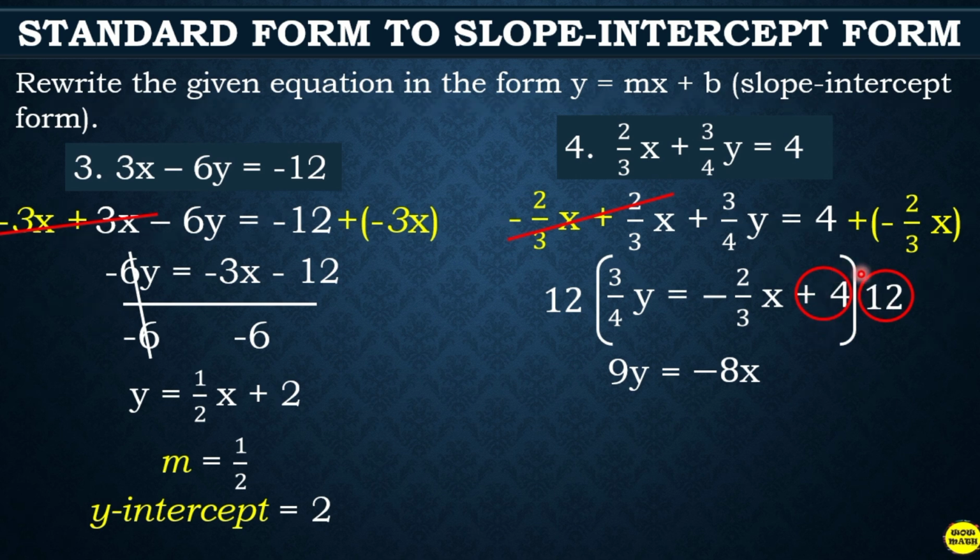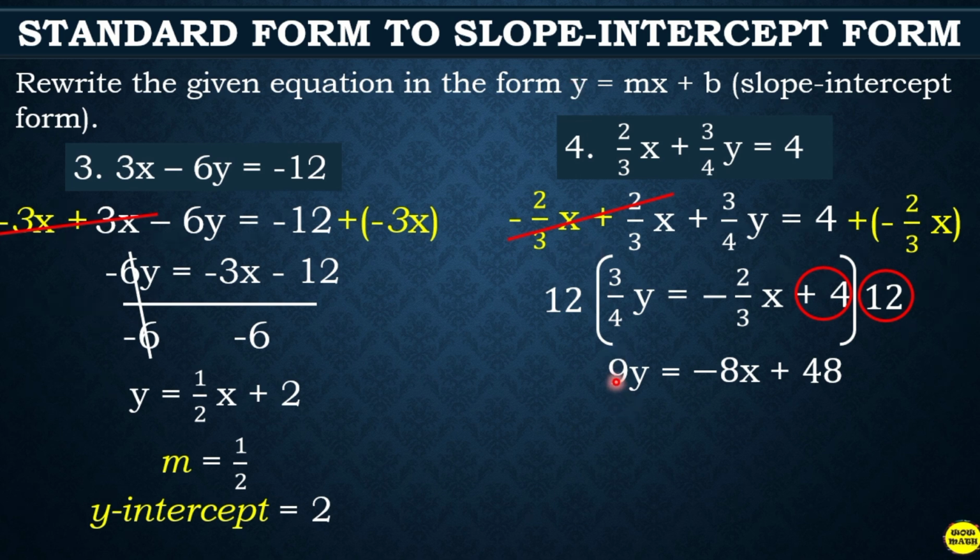We will directly multiply. So, kapag wala tayong denominator, ang gagawin natin, i-multiply na natin kaagad. So, 12 times 4, that is 48. Okay. So, again, meron na naman tayong coefficient na more than 1 dito sa y. So, dapat, diba, 1 lang dapat ito.